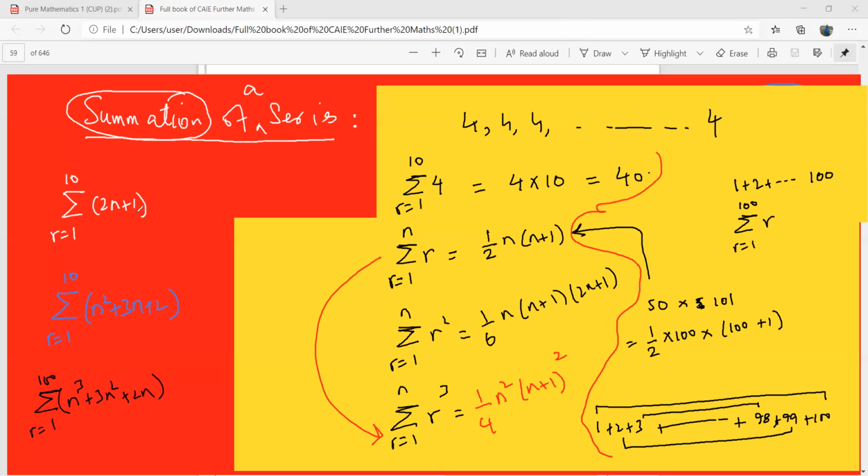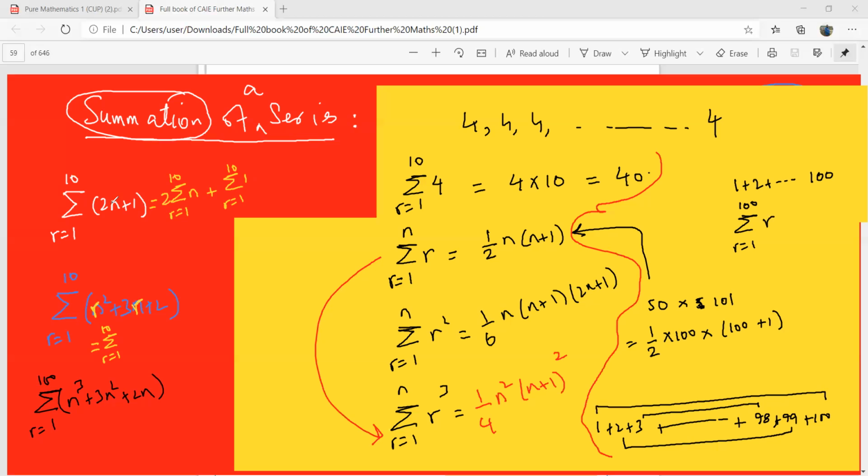If you want to find this, you should split it into 2 sigma r from 1 to 10 plus sigma r from 1 to 10, and there's just a 1 over here. Similarly, you can split this into sigma r square from 1 to 10. This should be r in fact here.